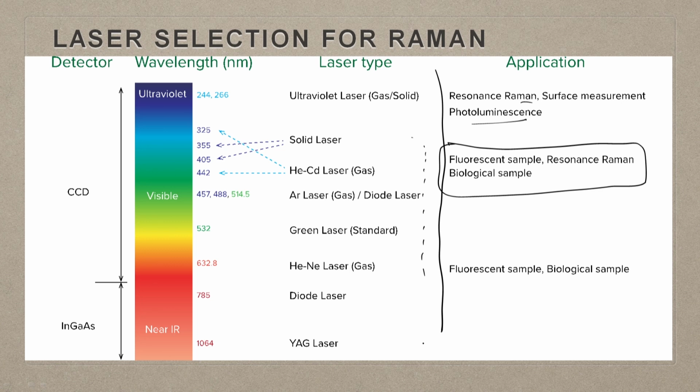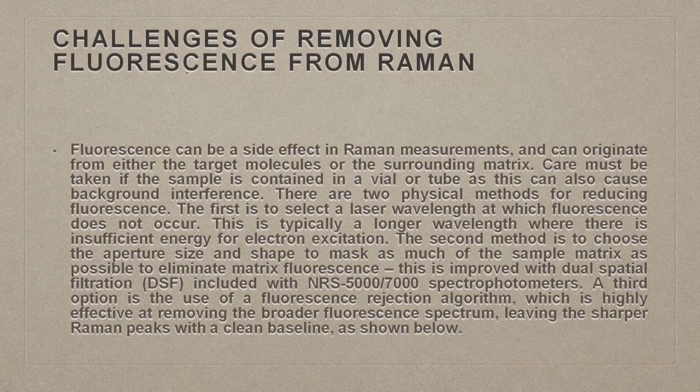If you want to go at this zone, it will come with its own set of features. If you want to be in this visible zone, it will come with its own features. The ultraviolet zone, which is high energy lasers, will come with its own set of plus and minus. So laser selection in Raman spectroscopy as well as in IR is extremely important.